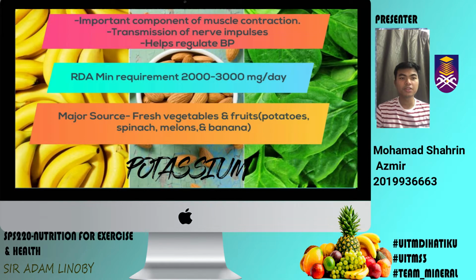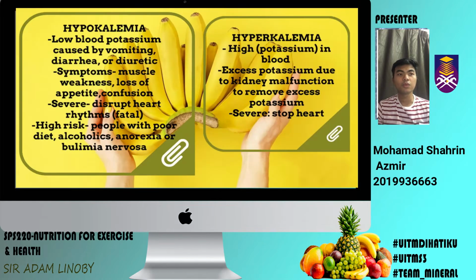For the major sources of potassium, we can get it from fresh vegetables and fruits, which include potatoes, spinach, melons, and bananas. The diseases that we can get if we lack or take too much potassium are hypokalemia and hyperkalemia. Hypokalemia is low blood potassium.